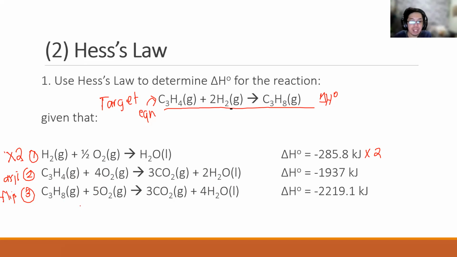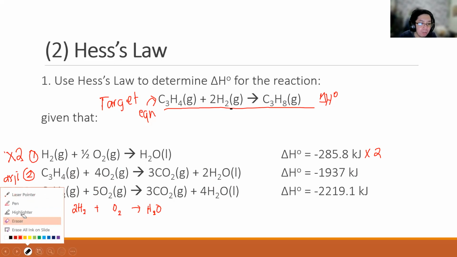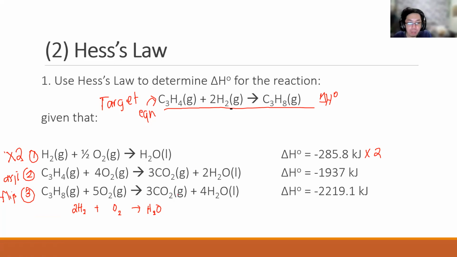I'll not be writing the states ha, so that we can have a faster solution. 1 half O2. Then go to H2O. Pero dahil nag times 2 ako, I'll write 2 here. Sorry, what is the coefficient of 1 half O2 now? 1. 1 na lang, very good. So, then yung water mo, this will be 2. Can you give me the delta H naught, Josh?